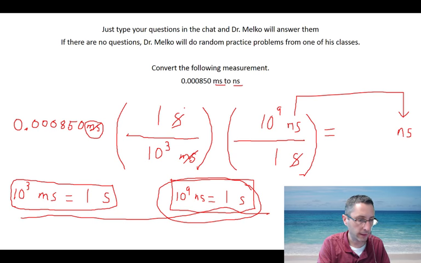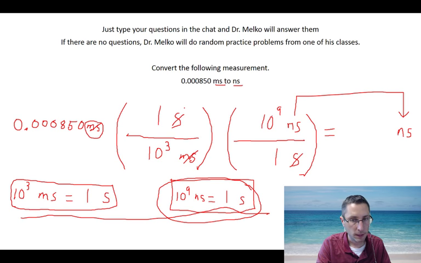Again, use your approved calculator that you're going to be using on exams. Make sure you figure out how to enter 10 to the 9th and divide by parentheses 10 to the 3. Sometimes you have to use parentheses here. So I'm going to multiply across the top 0.000850 times 1 times 10 to the 9th, and then I'm going to divide by open parentheses 10 to the 3 close parentheses.